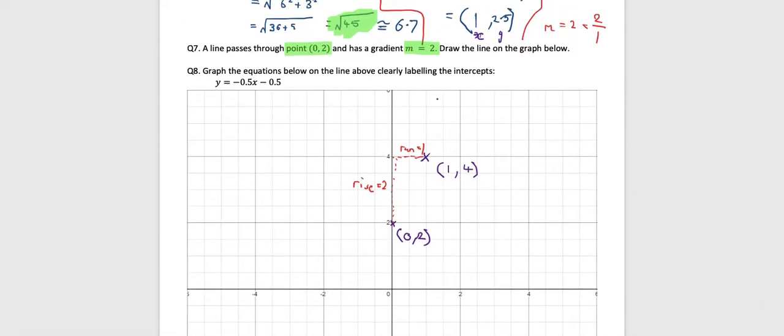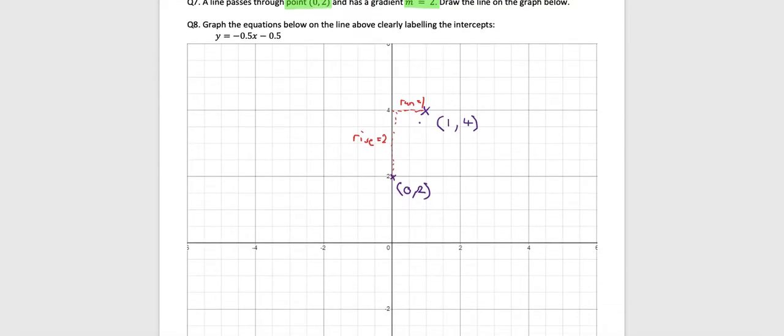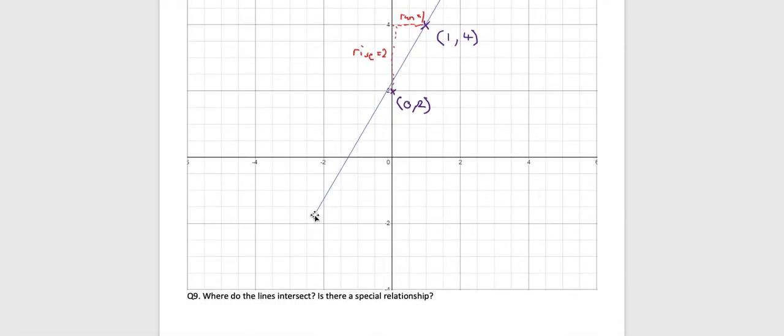Now, it tells us to draw the line on the graph below. So we have to draw a line that passes through both these points. I'm going to get to my shapes, and I will get my lovely line tool, and I'll make it such that it passes through both points. Notice I'm making sure that I've got my arrowheads.